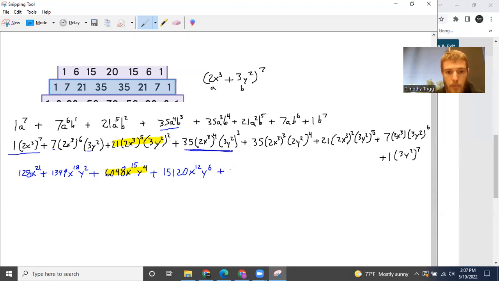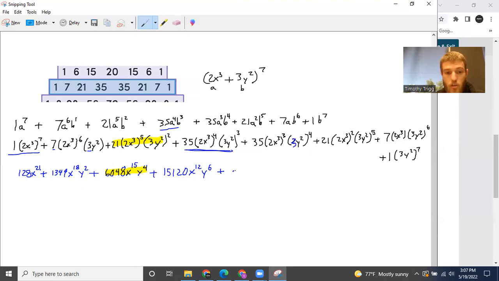Okay. Plus 2 to the power of 3, that's 8 times, wait a second, I messed up. This should be a 3 right here. Okay, 3 to the power of 4, that's 81. 8 times 81 times the 35 that's in front.